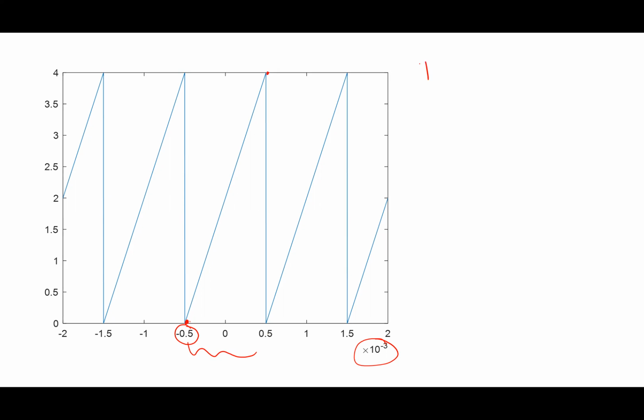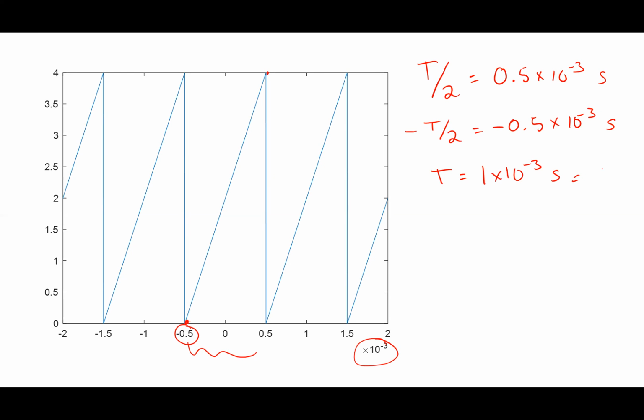So in this case, it looks like T over 2 is at 0.5 times 10 to the minus third, and negative T over 2 is at negative 0.5 times 10 to the minus third, meaning that a period is 1 times 10 to the minus third, and these are all in seconds.